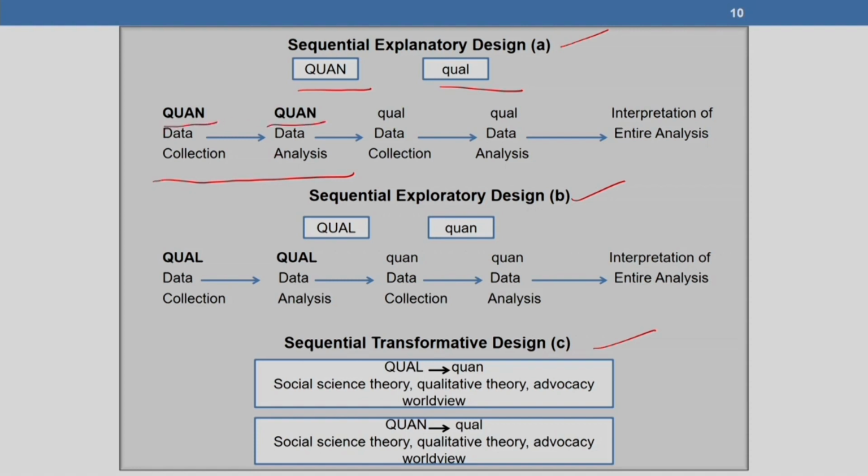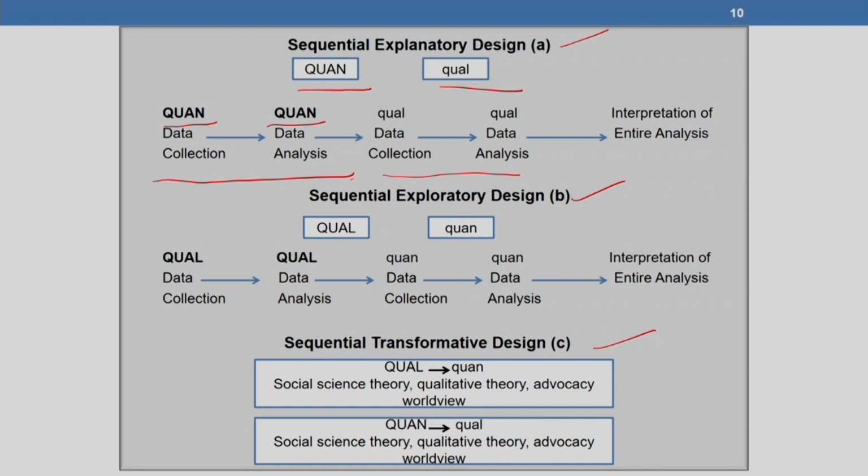So, you are collecting quantitative data, then analyzing the quantitative data. Now, based upon the results emerging from the quantitative data, we go on to carry out a smaller qualitative data collection and analysis, and both of them together go on to the interpretation, and the entire analysis is based upon this.